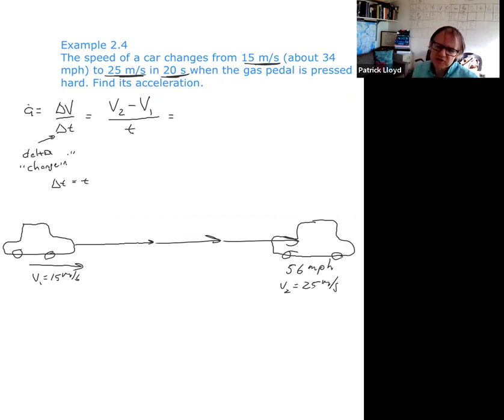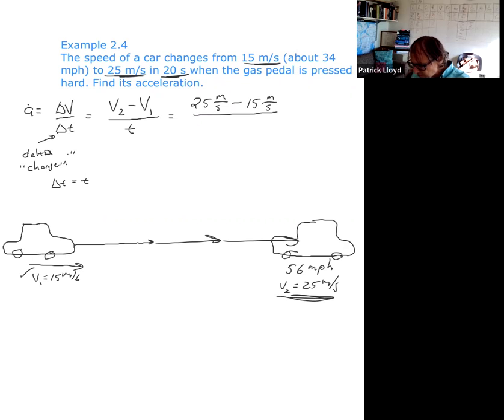Okay, notice we're going to use in this chapter meters per second as the typical speed, and we're going to avoid using miles per hour, even though that's used in the United States on roads. Okay, so v2 minus v1. So this is v2, right? Because that's our final speed, 25 meters per second, and we used 15 at the beginning. That's how fast we were traveling at the beginning, 15 meters per second.